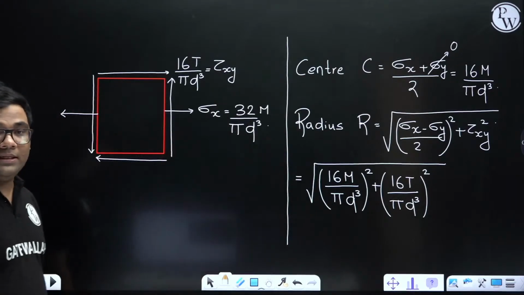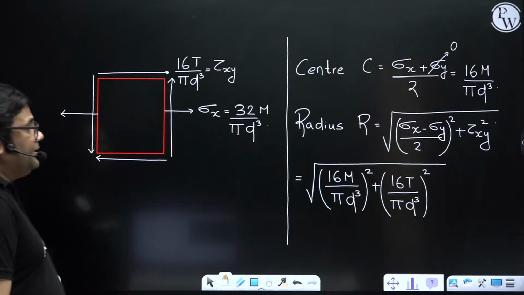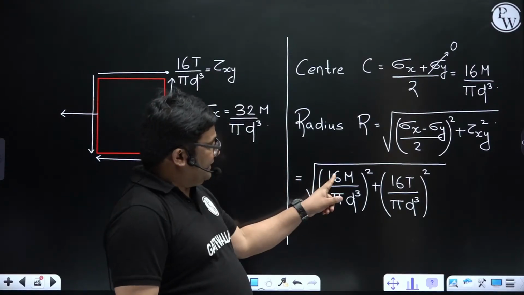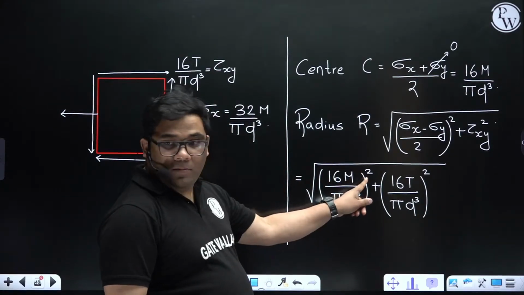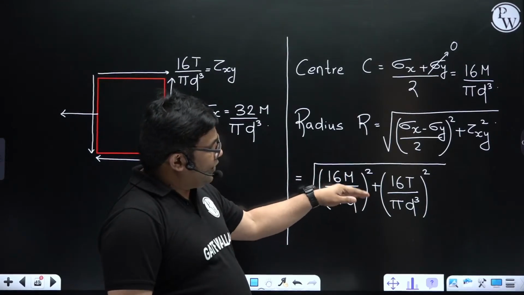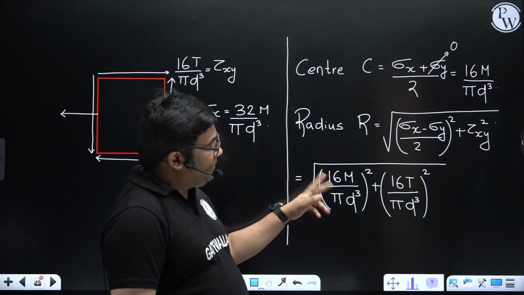Yes. So now you see what happened. I can take 16 by pi d cube square common in both. When I take it out of the bracket, it will become 16 by pi d cube.